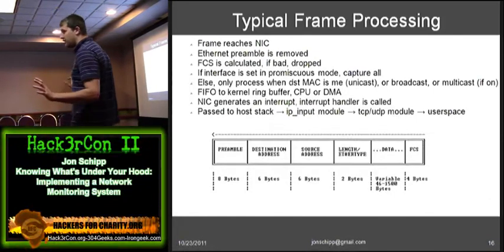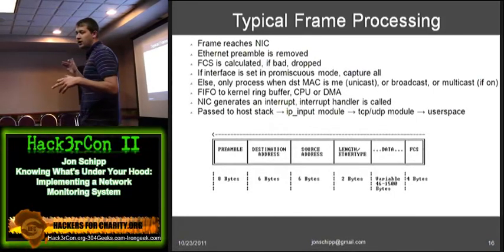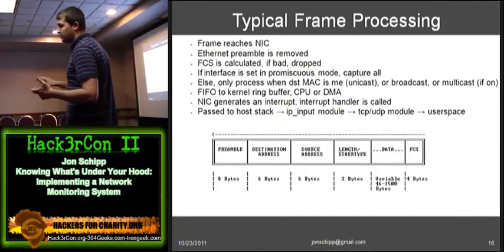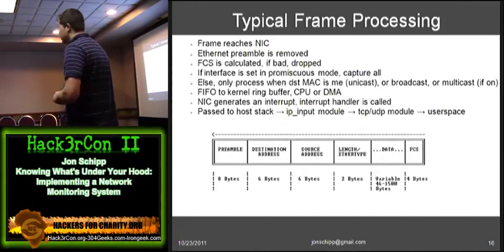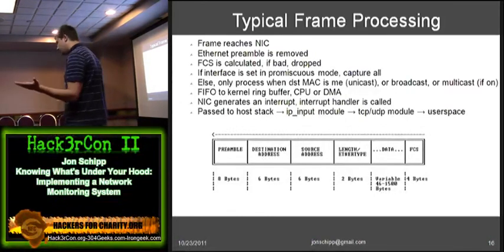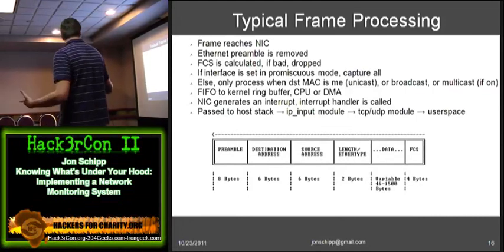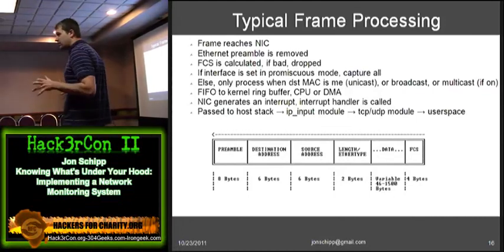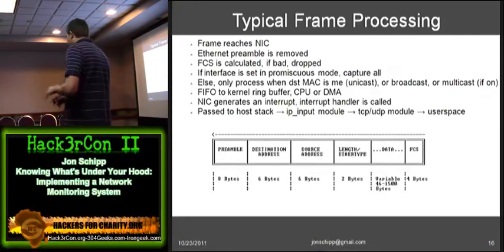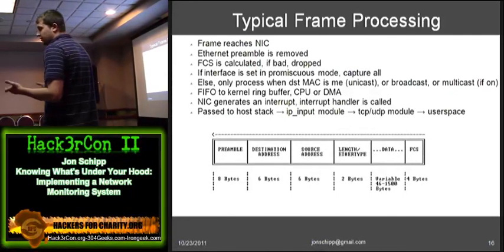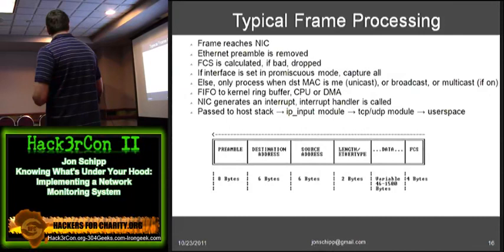There are some cards that do pass them, but typically, if you're using libpcap and tapping into an interface, you will not see a bad frame checksum sequence on frames. However, you will see checksum errors for TCP and IP. It's just something to keep in mind. And we all know promiscuous mode will capture everything, and otherwise it only captures frames addressed to the unicast destination MAC address if you don't set your card in promiscuous mode.